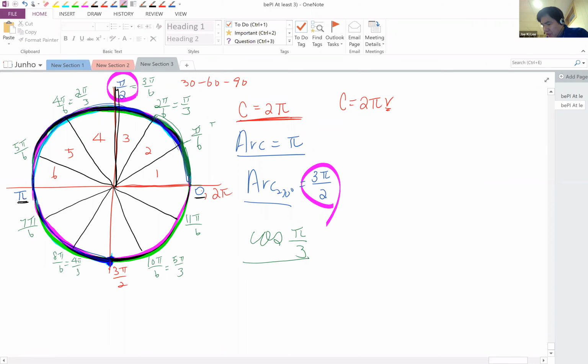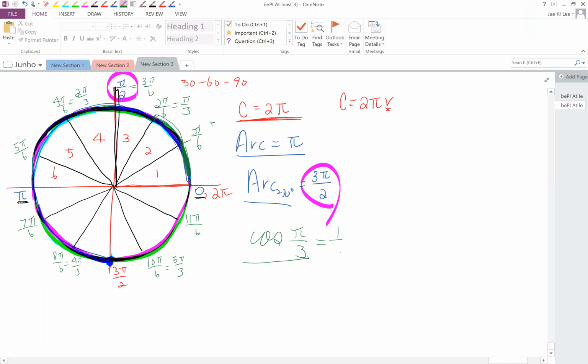So did you find the answer for cosine pi over 3? It's 1/2, right?